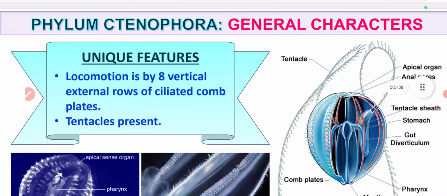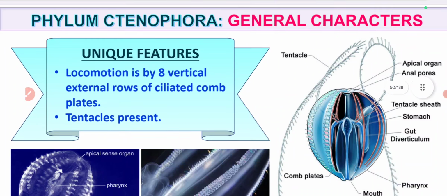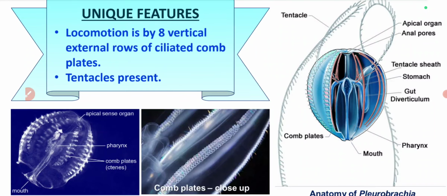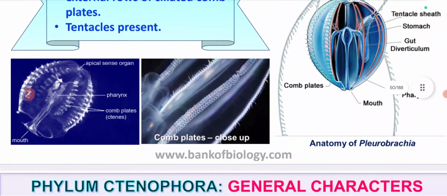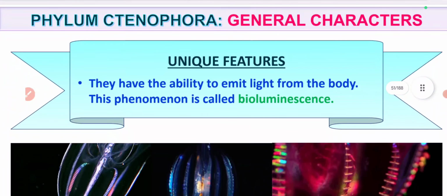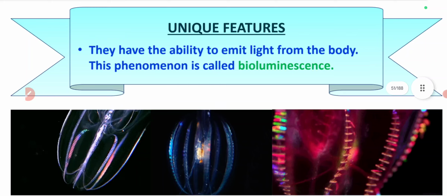Unique features: locomotion is by 8 vertical external rows of ciliated comb plates, which help in locomotion. Tentacles are present. Another unique feature is the ability to emit light from the body.